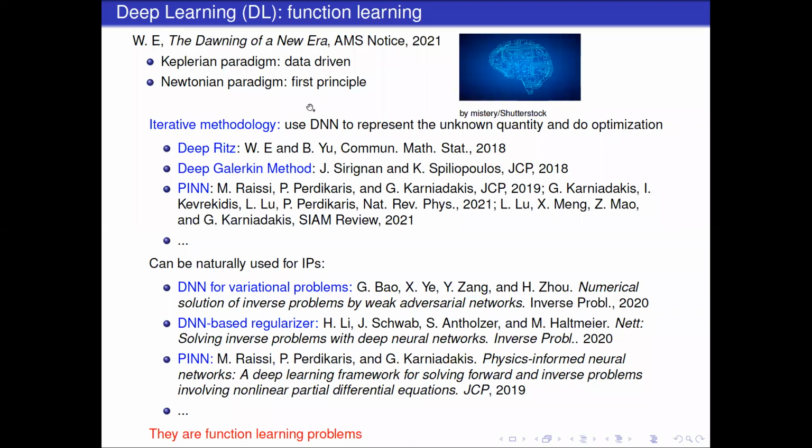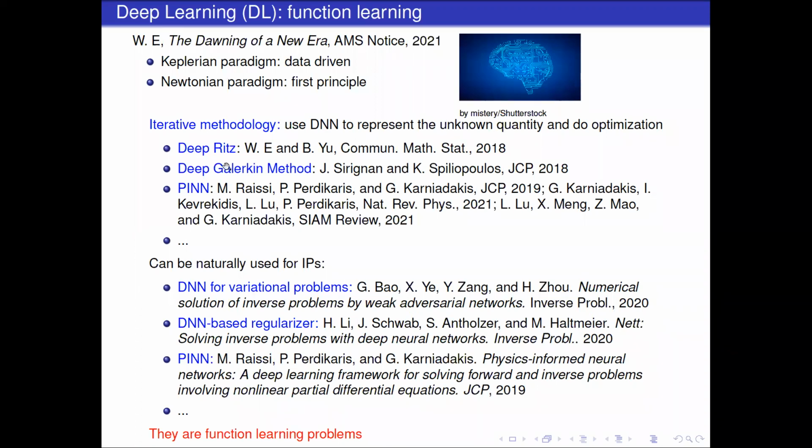For scientific computing, for example solving PDEs, they use a neural network to represent the forward solution, which is the unknown quantity in this case. Then they do optimization to fit the data and determine the parameters in the neural network. Then the entire network is determined and the solution is obtained.